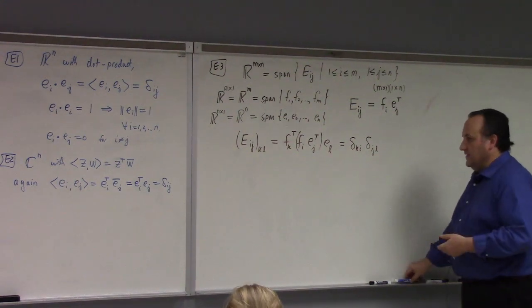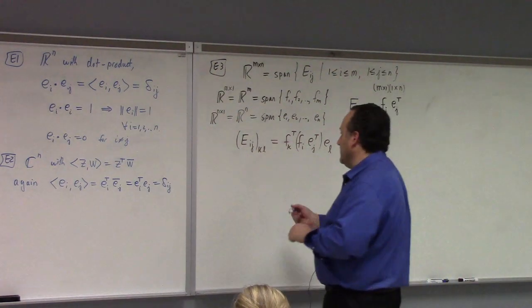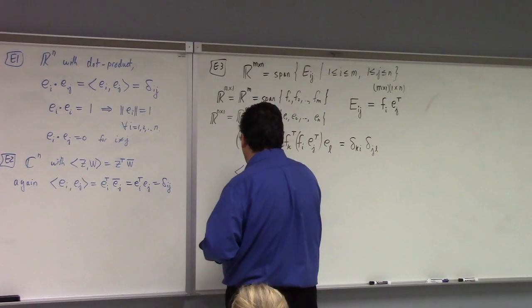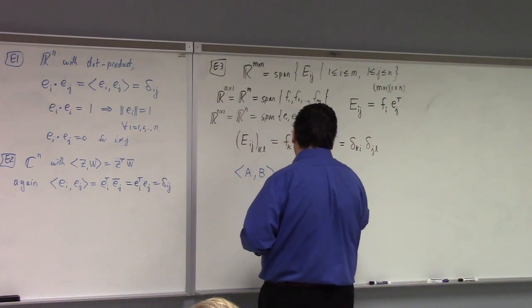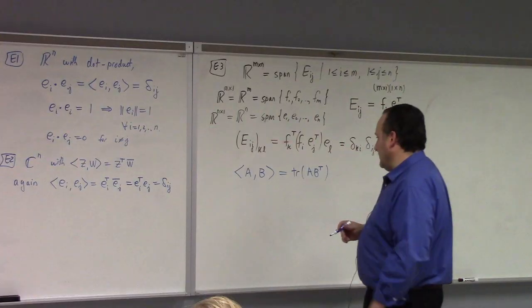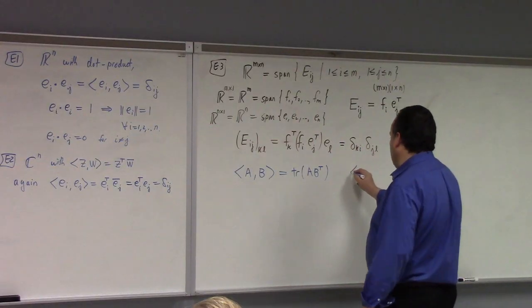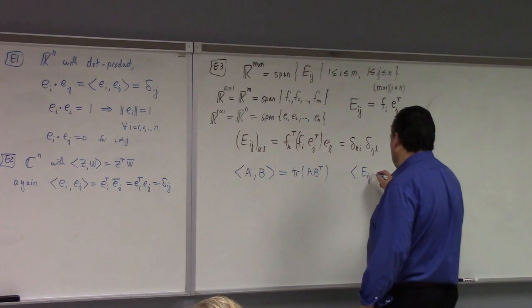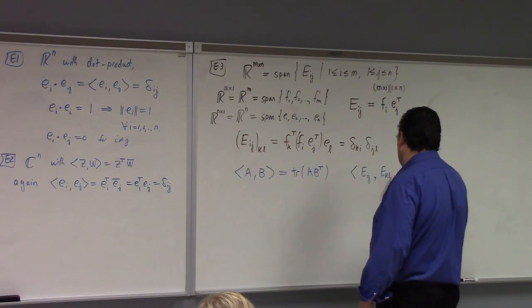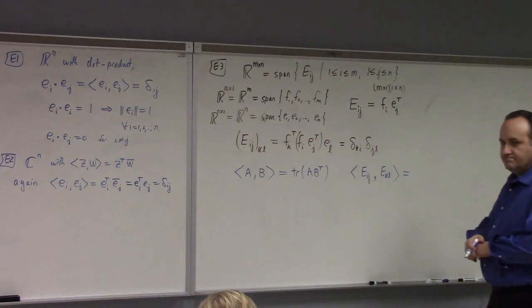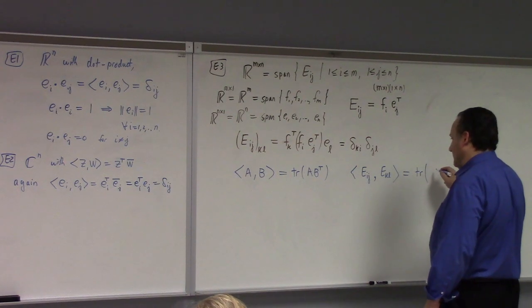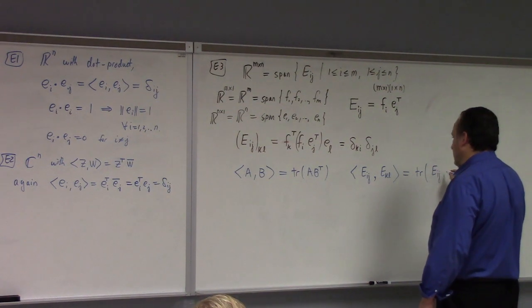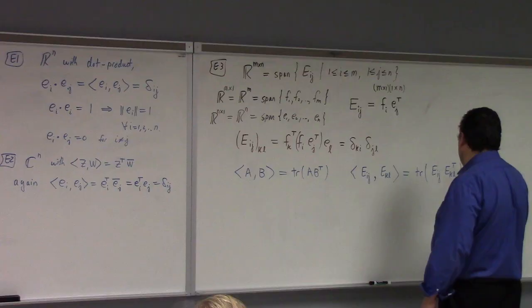Does the matrix unit give us an orthonormal basis for R^(m×n)? Remember that we defined the inner product here to be the trace of A B transpose. That was our definition of inner product here. And so the question is, if I do the inner product of E_ij and E_kl, what happens? So it's the trace of E_ij times E_kl transpose.